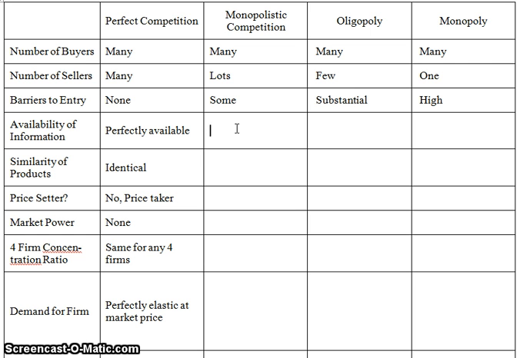So the availability of information has to do with how well the buyers know what the sellers are doing and what their options are. With perfect competition, there's perfectly available information, right? There's nothing the seller can hide from the buyers. With monopolistic competition, there's slightly imperfect information.